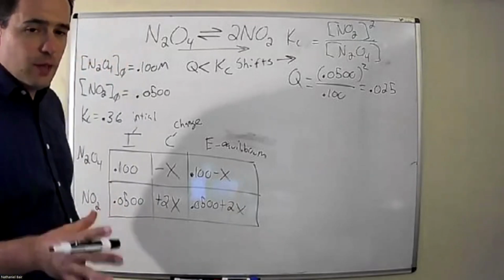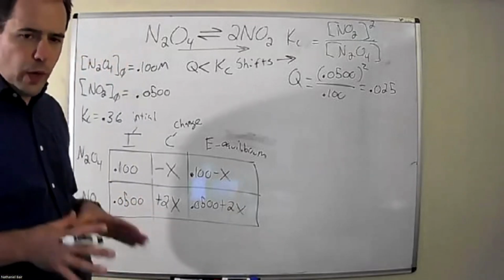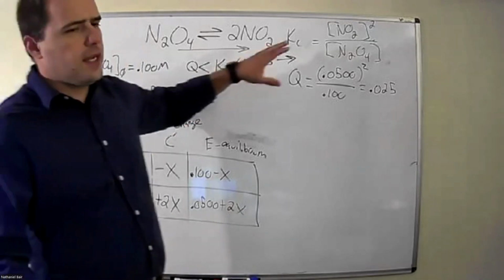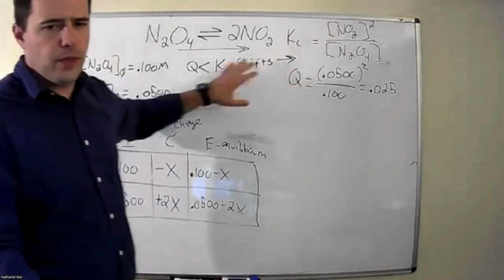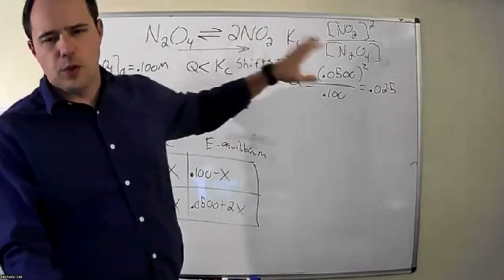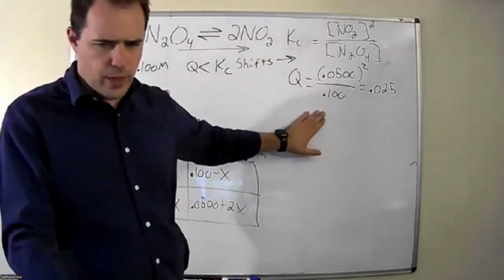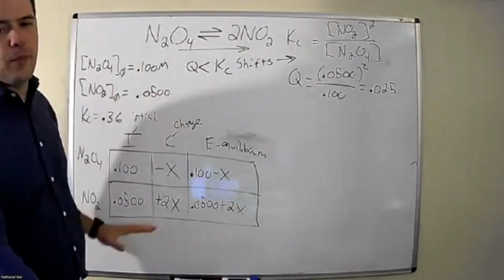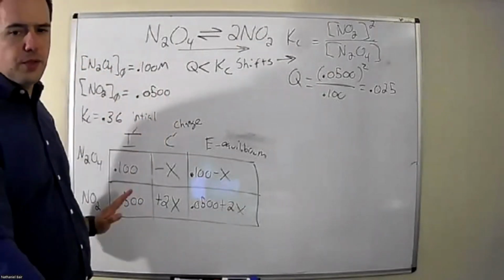So let's break this down a little bit. Let's recap right to where we are right now. We first wrote a mass action expression. Then we determined what direction the reaction was going to go to reach equilibrium by solving for a reaction quotient, comparing it to the equilibrium constant. Then we made an ICE table. We put in the initial concentrations.